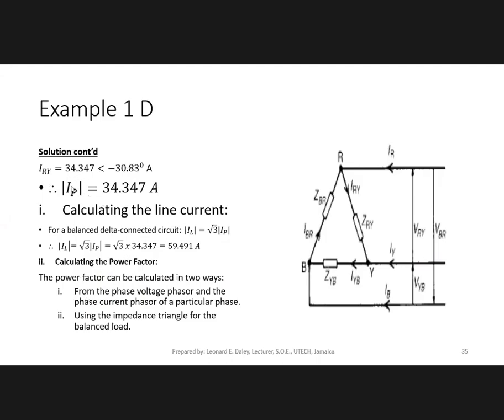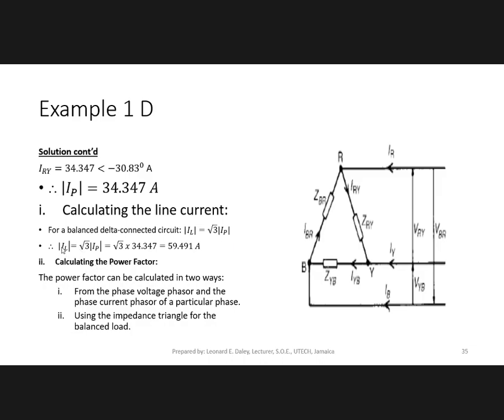So therefore, since it's a balanced system, we know that the magnitude of the phase currents is equal to 34.347 amps. All right, now the question asks us to calculate the line current. So for a balanced delta system, we know that the magnitude of the line current is equal to √3 times the magnitude of the phase current.